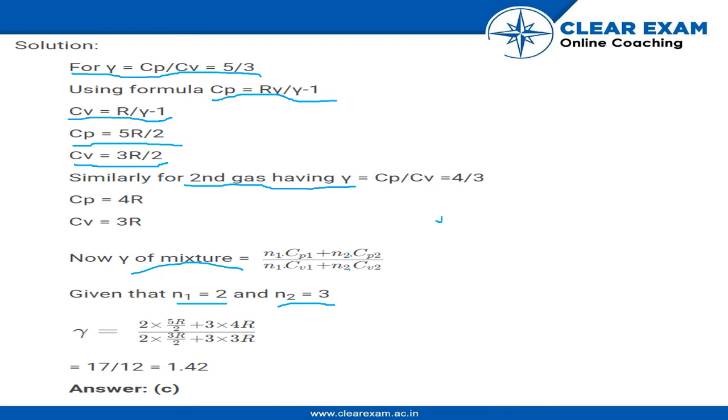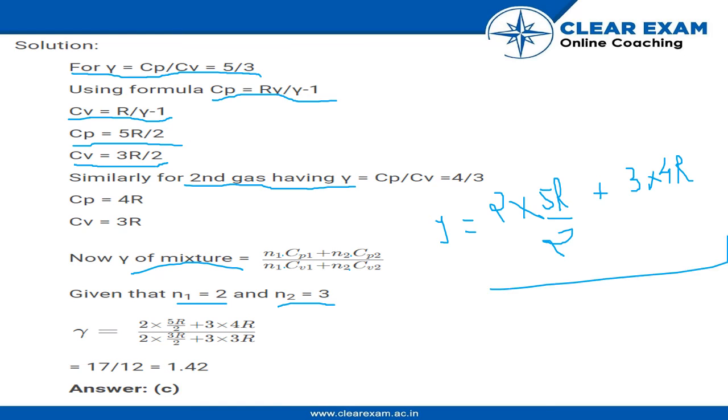So we are just going to calculate it by substituting the values: 2 into 5R by 2 plus 3 into 4R upon 2 into 3R by 2 plus 3 into 3R.